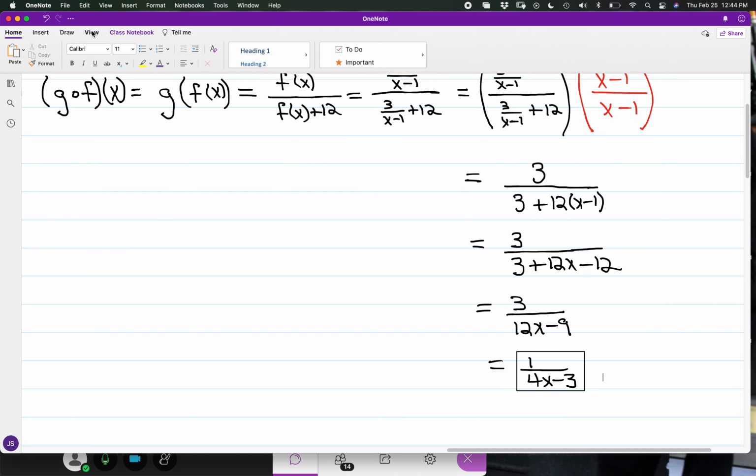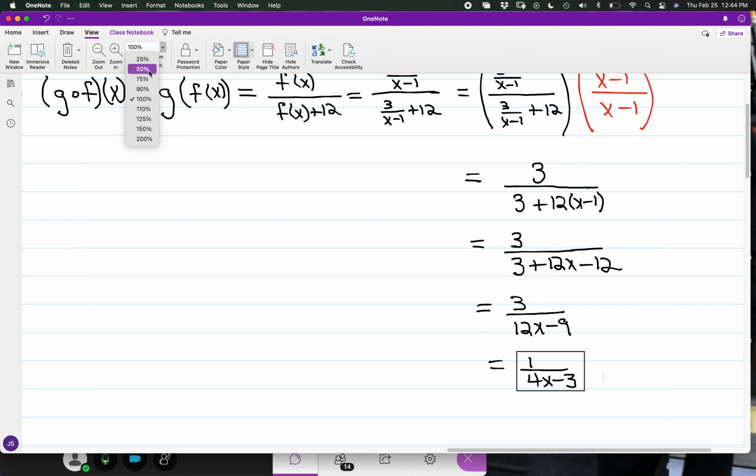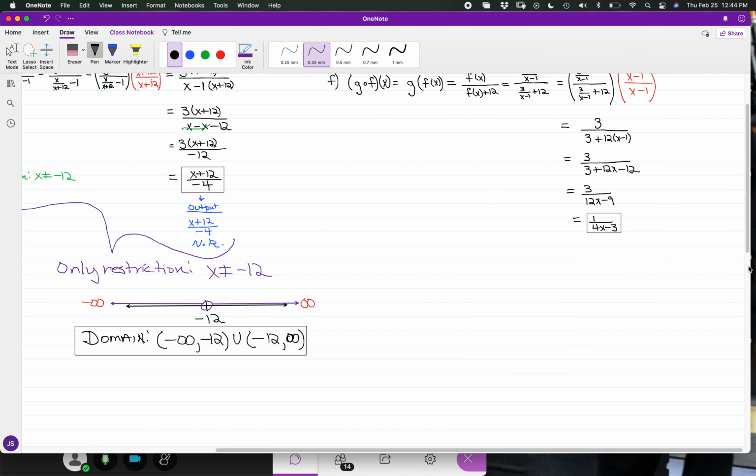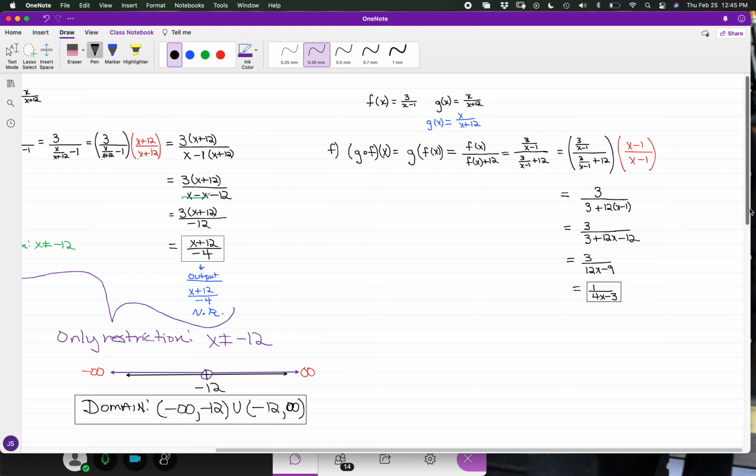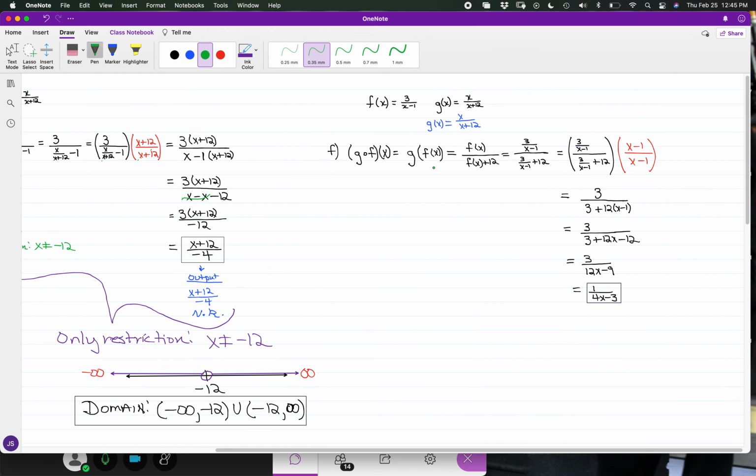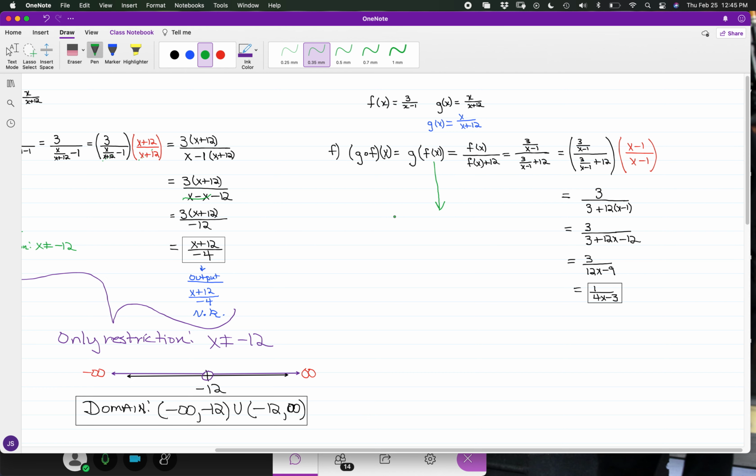And in terms of the domain of this composition, f of x is the input, and again, f of x is equal to 3 over x minus 1.